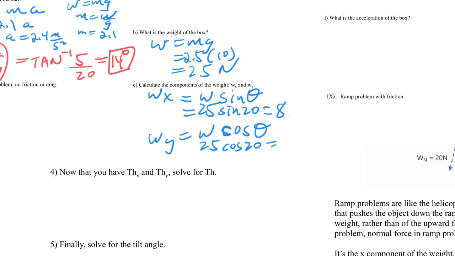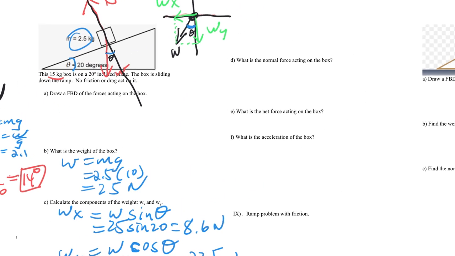So for this one, I get 8.55, so I'll just say 8.6. And for the other one, I get 23.49, so I'll say 23.5 newtons. Okay, what is the normal force acting on the box? Look at my free body diagram.